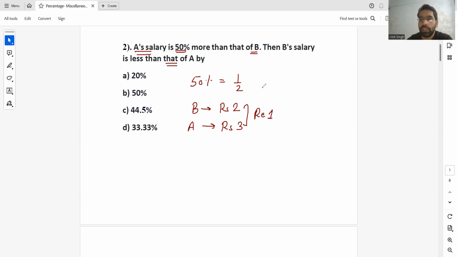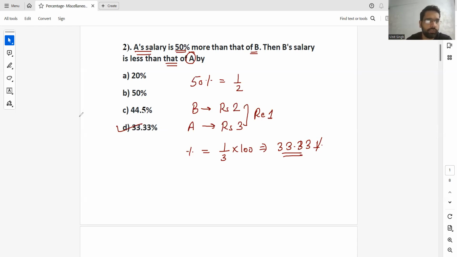B earns rupee 1 less than A. So in percentage, we will write 1 upon the earning of A, because we are comparing the earning of B with respect to A, into 100, which is equal to 33.33%. Option number D.